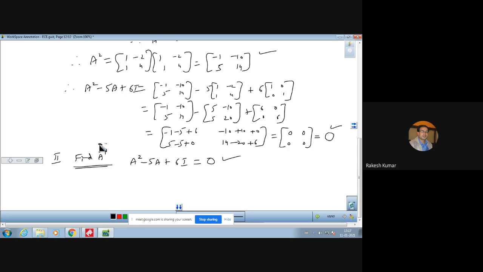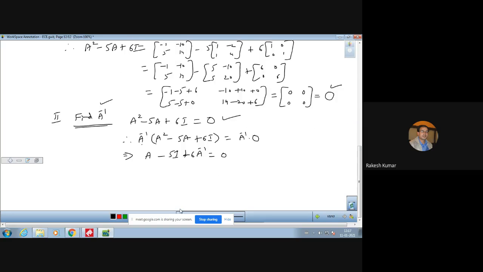So for finding A inverse, you just need to pre-multiply with A inverse, equal to A inverse into the null matrix. So A inverse into A square will give you A, A inverse into A is I, and A inverse into I will give you A inverse, and the right side is a null matrix.